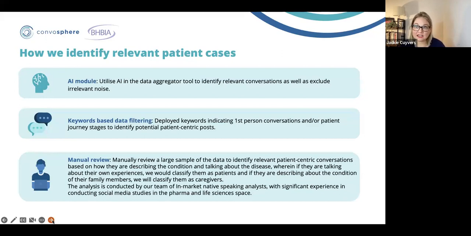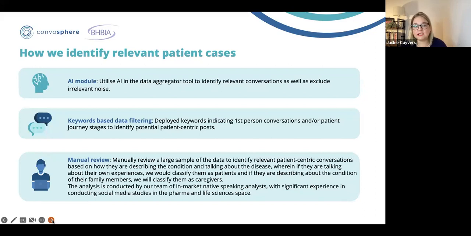And this analysis is done by humans, not using Google Translate, who understand the language and the cultural context, because as Abhinav already mentioned, patients don't log on to a patient forum and say, my unmet needs are. They use expressions like, I wish, wouldn't it be better if, how come, why don't they?